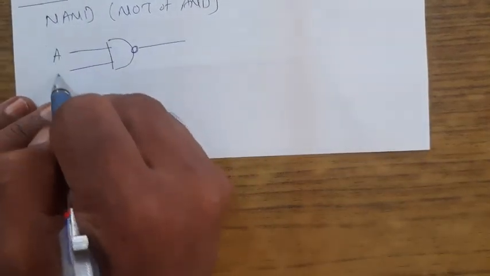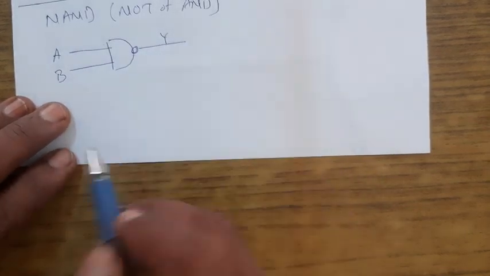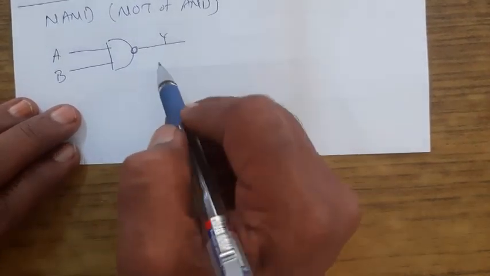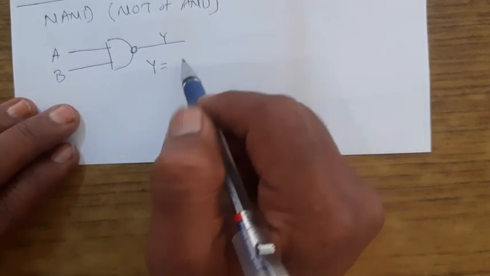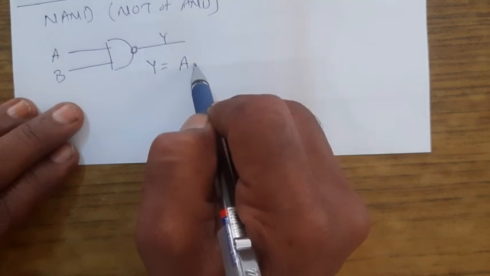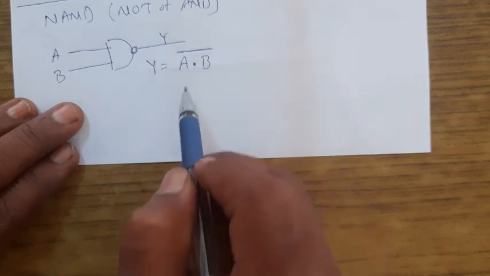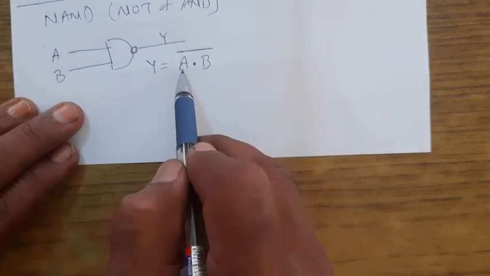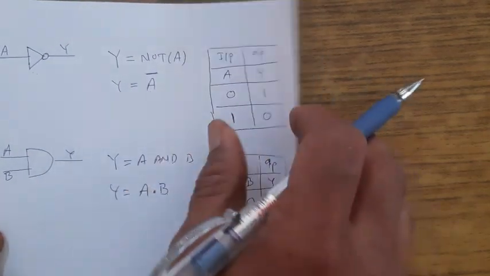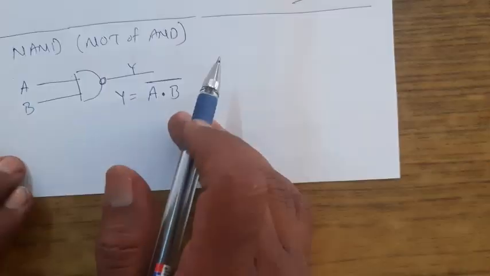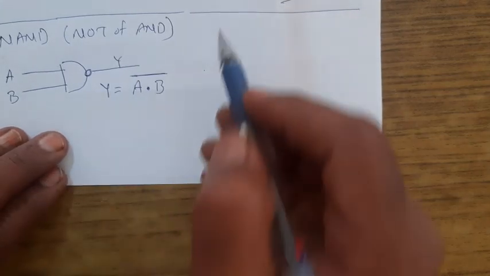Now if input is A, input is B and output is Y, this is a typical 2 input NAND gate, then I can write Y is equal to A and B, and its complement, and therefore I can read this as A NAND B. See, here it is A and B. If I make a complement of that, then it becomes A NAND B.